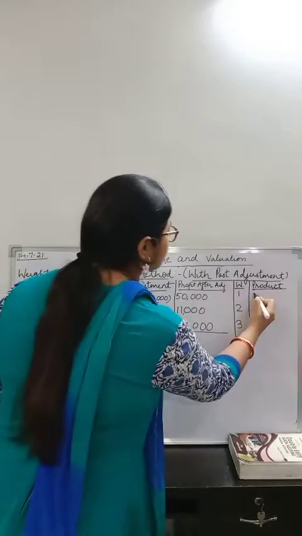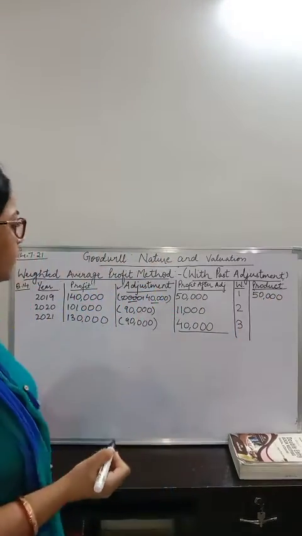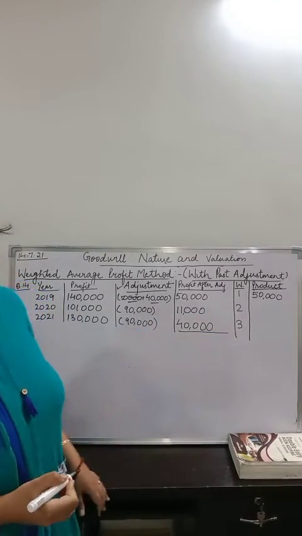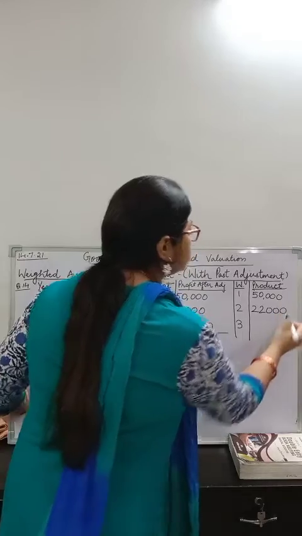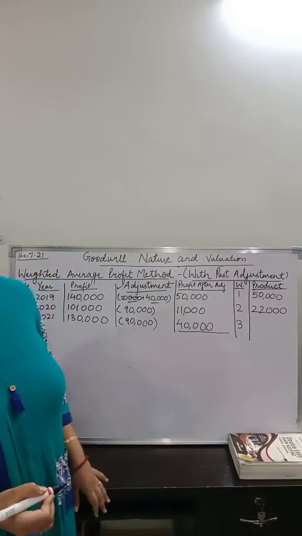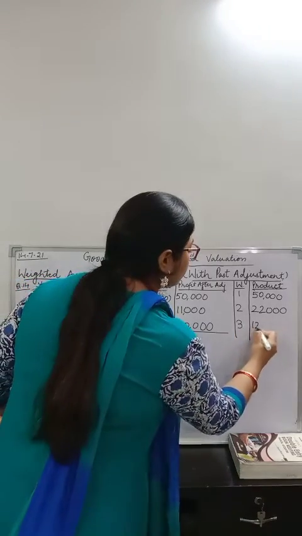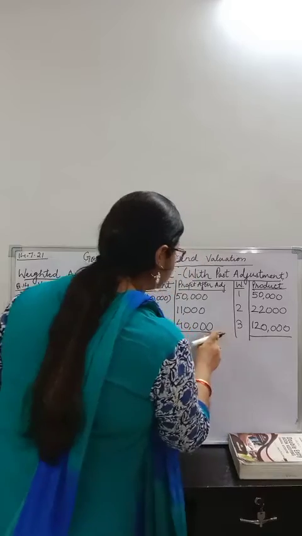So 50,000 into 1 will be 50,000 again. 11,000 into 2 will be 22,000, and 40,000 into 3 will be 1,20,000.